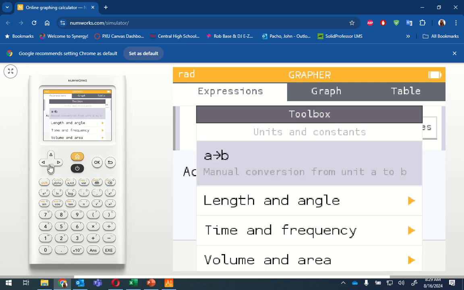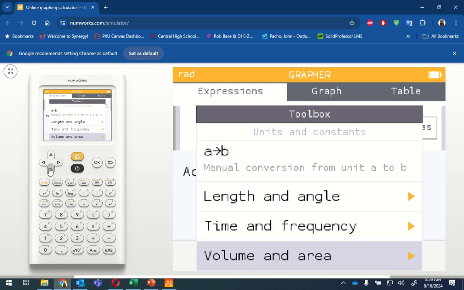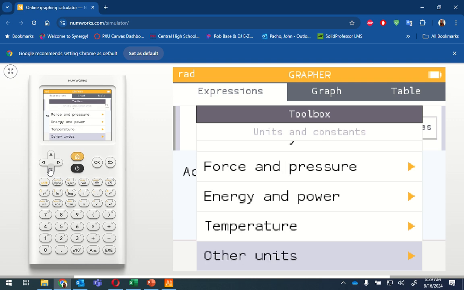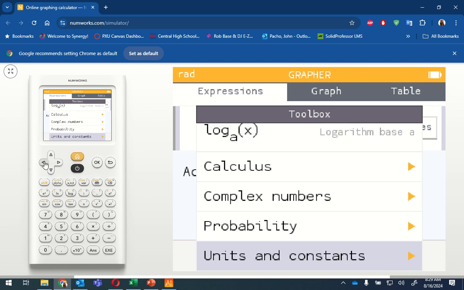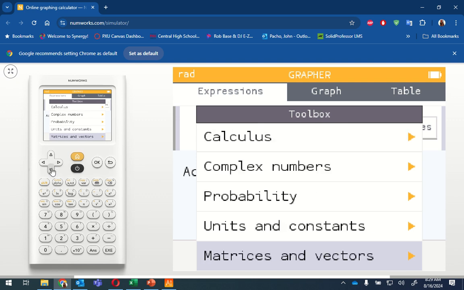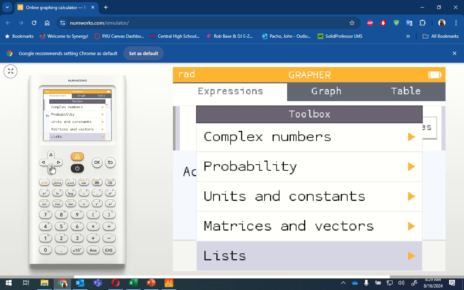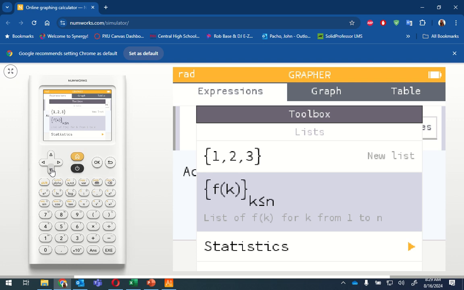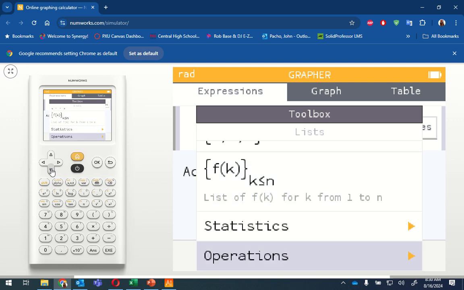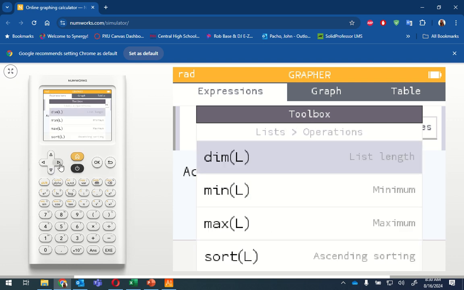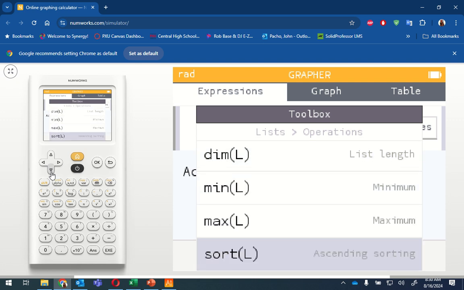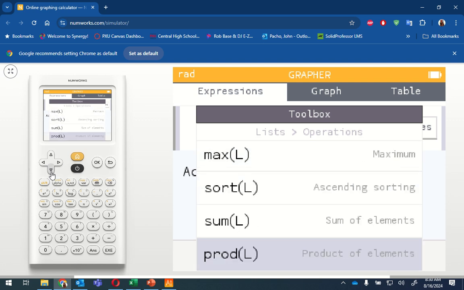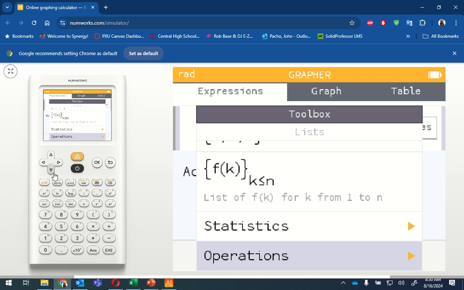Units and constants. Not there either. Let's try list. Operations. Not there.